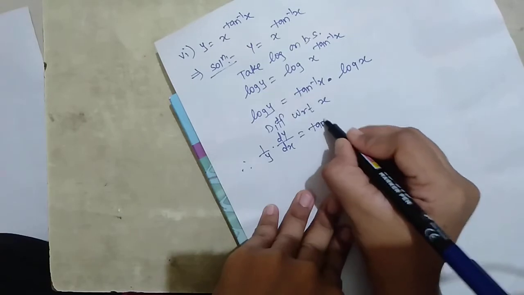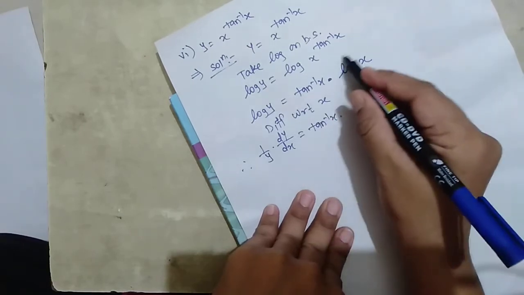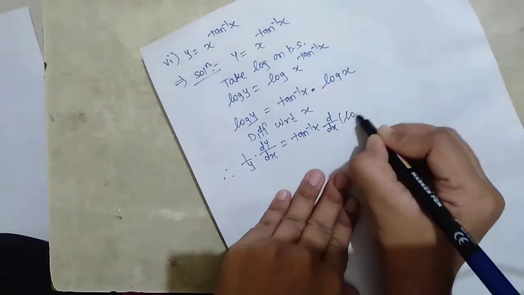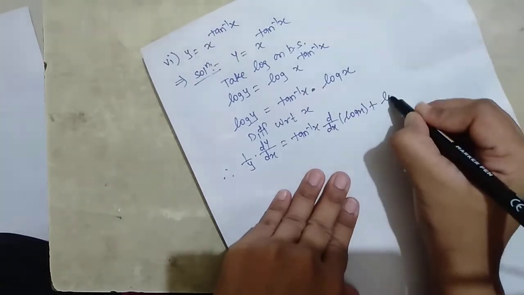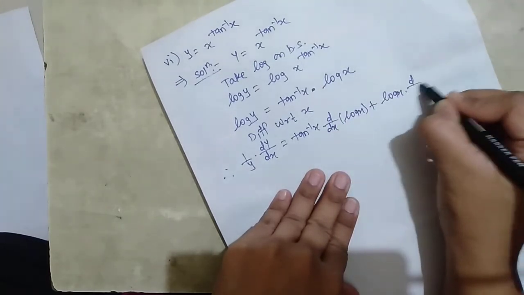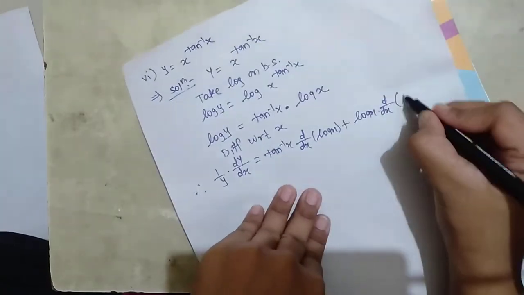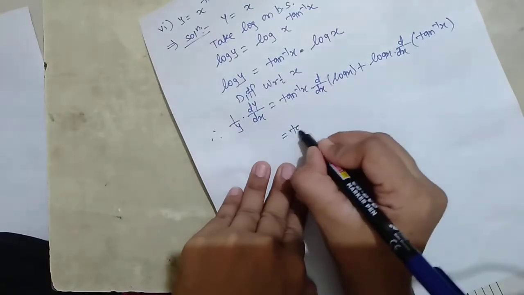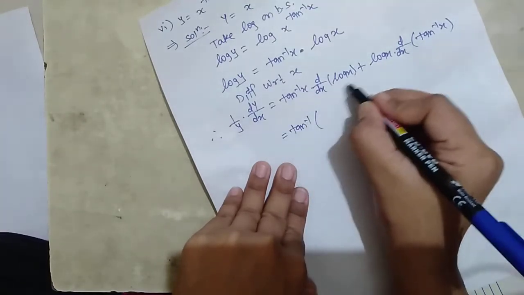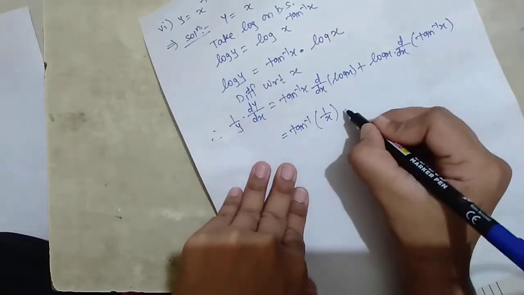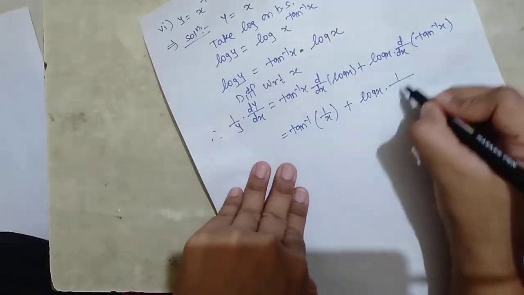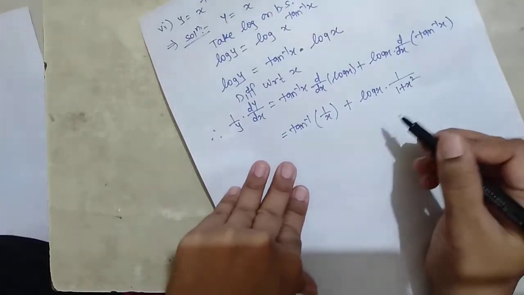So tan inverse of x into derivative of log x plus log x into derivative of tan inverse of x. So it is equal to tan inverse of x into 1 by x plus log x into 1 upon 1 plus x square.